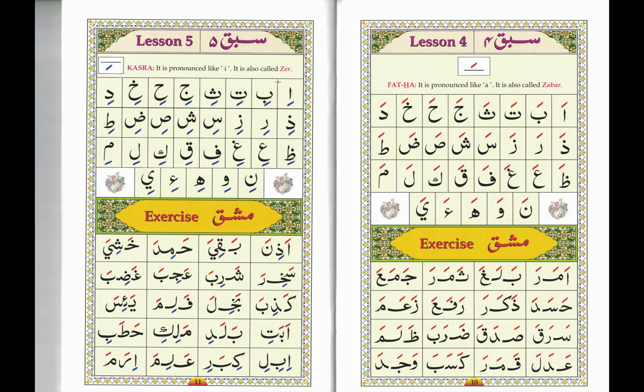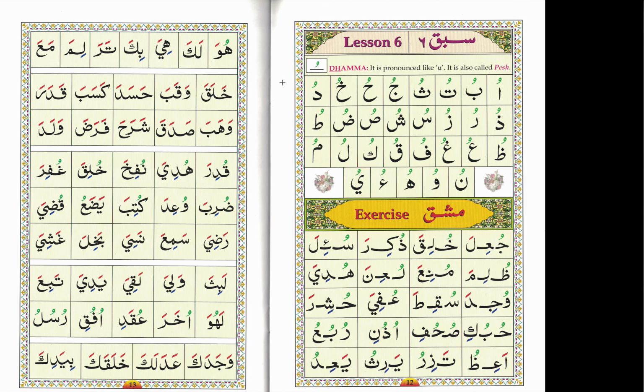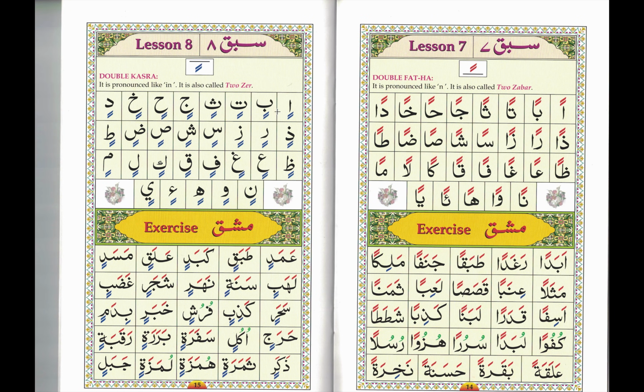So now, if you go back to kasra, an alif with a kasra, the way it's pronounced is "i". Okay, so now again the same thing. With one kasra, it was "i". So when you make it a double kasra, it becomes "in", with an n sound at the end.